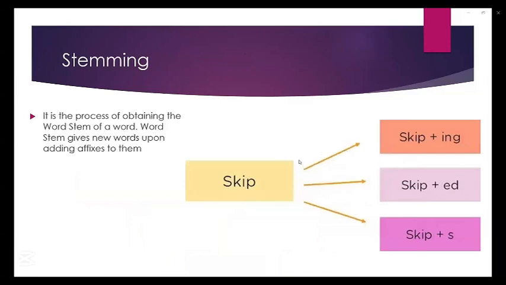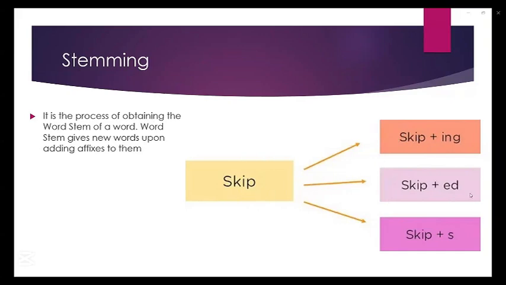Then there is another process in the pre-processing task called stemming. During stemming, what we do is find the base word of the word, right? For example, if the word is skipping, the base word is skip.